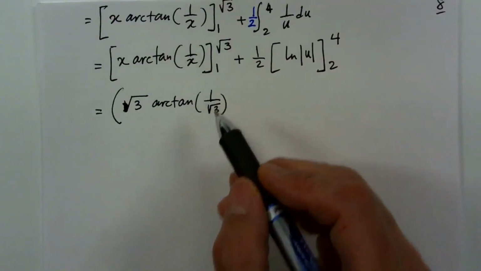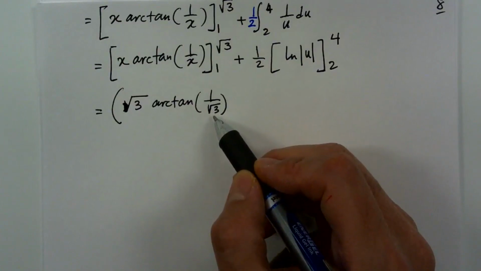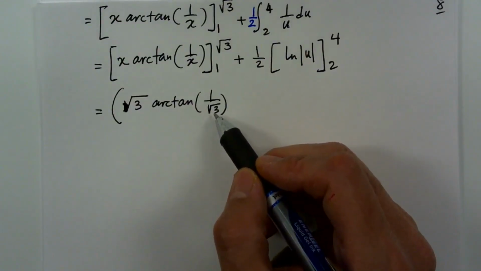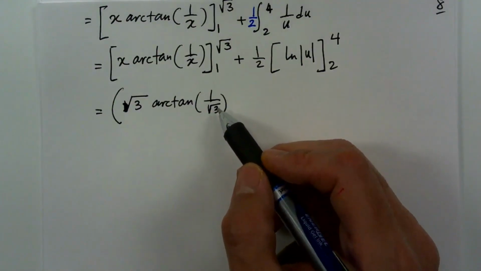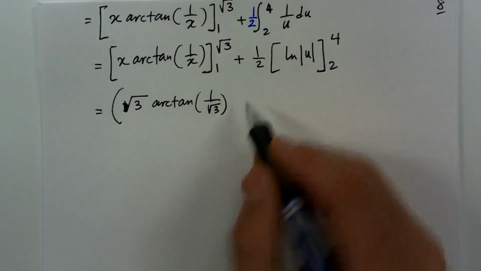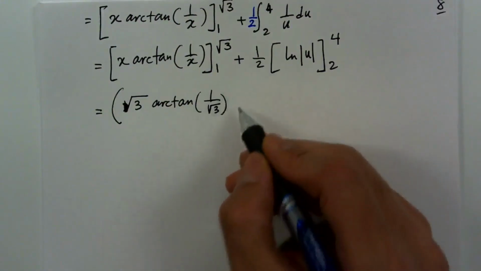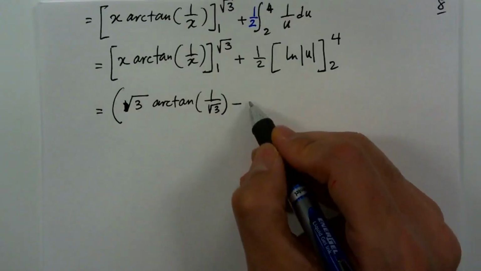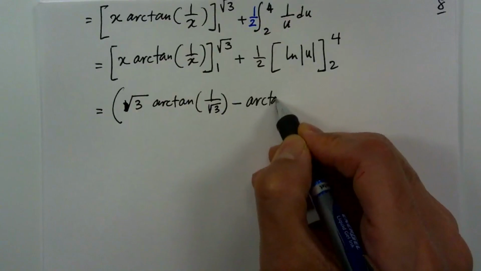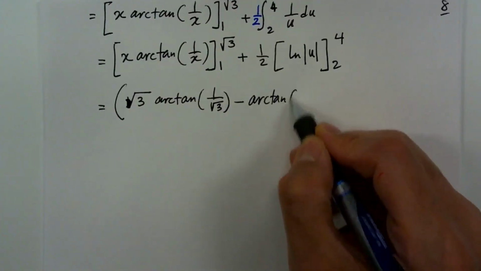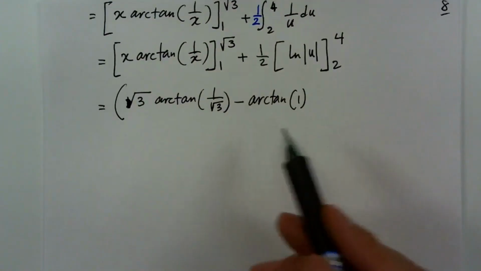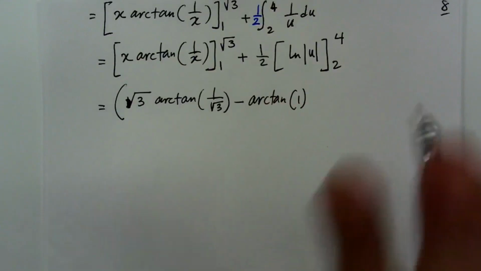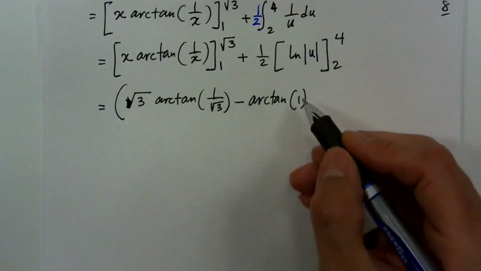So inverse tangent of square root of 3 over 3 tells us we're dealing with angle pi over 6, or 30 degrees, right? We'll get to that in a second. Then minus, now substitute for x with 1, we have arc tangent of 1, and the tangent of pi over 4, of course, is 1, so we know that.